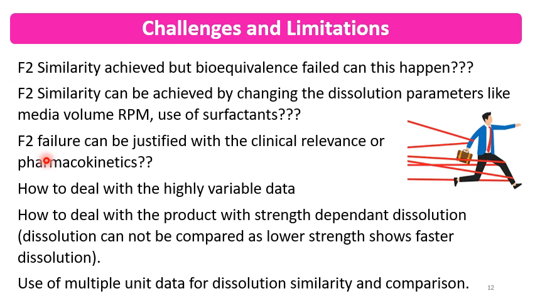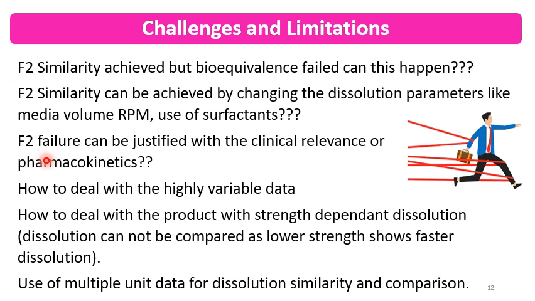So yes, if you are using conditions in which you are not getting the F2 value, you can optimize or change the parameters, and then you can get the F2 value. But also remember here, just getting the F2 value is not the requirement.